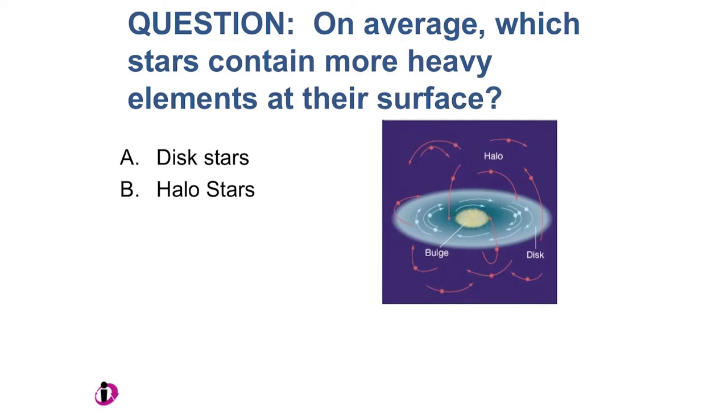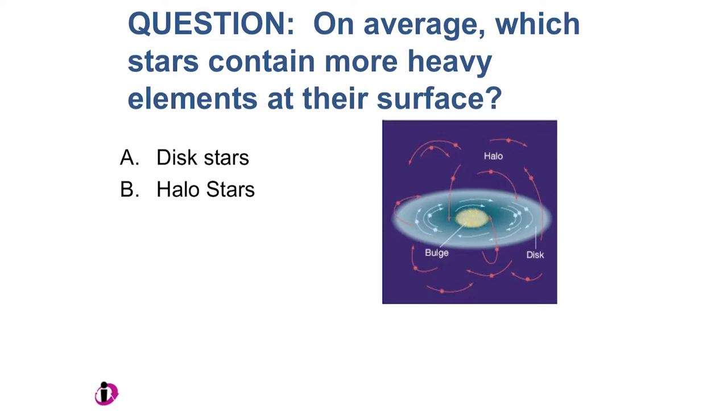But those elements are trapped in the centers of those stars, right? Just because the sun has burned through half of its hydrogen in the core doesn't mean we see that at the surface. In fact, we see at the surface pretty much the elemental abundances that the sun formed with, as do almost all stars. And so when we're talking about heavy elements, we're talking about all the heavy elements.